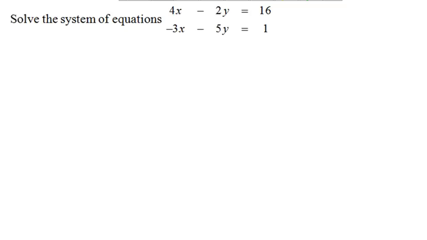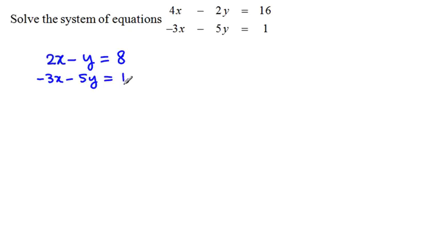And then we have 2x minus y equals 8. And the second equation remains the same. There is no common factor on both sides, so let's just leave it alone.